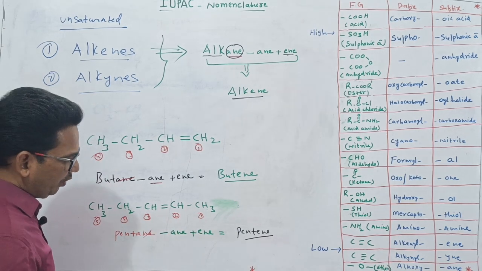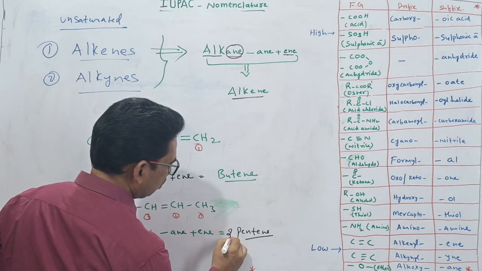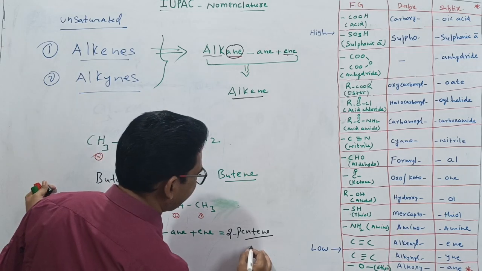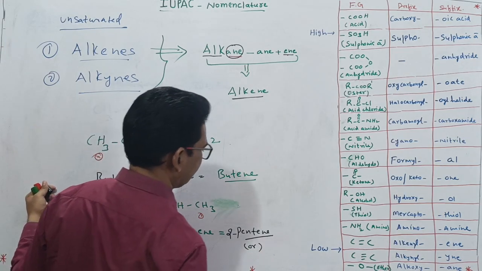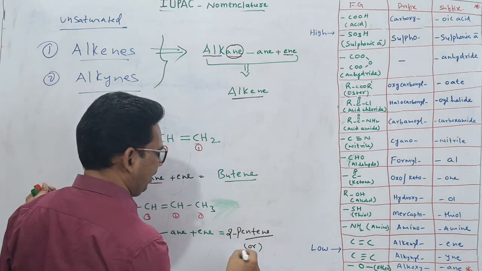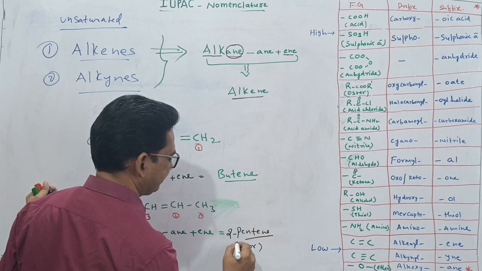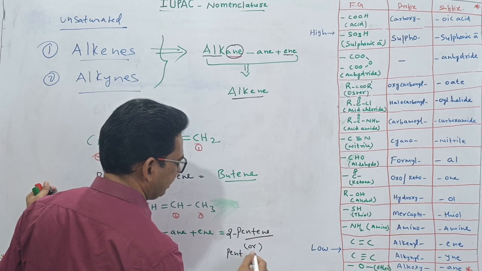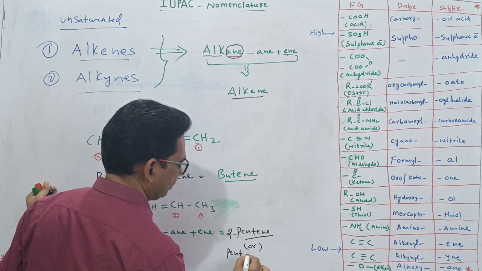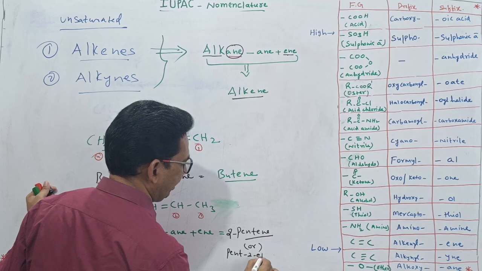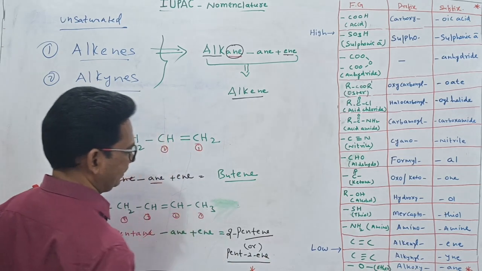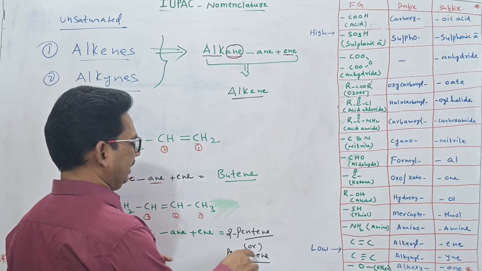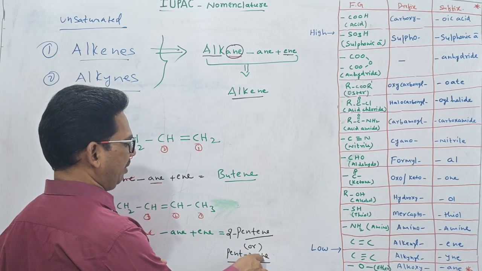That's why what do we have to write? 2-pentene, or you can write the same as pent-2-ene. See, pent-2-ene means that in pentane, at the second position a double bond is present.